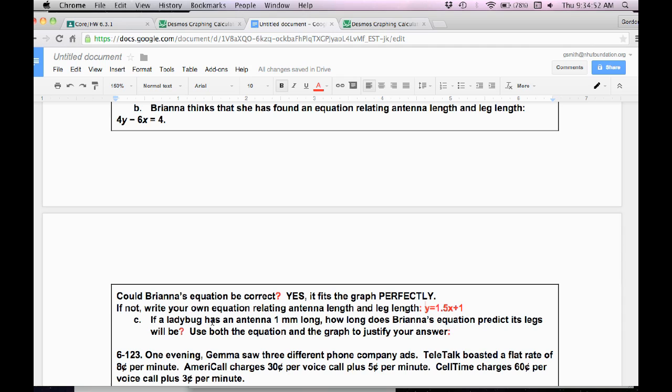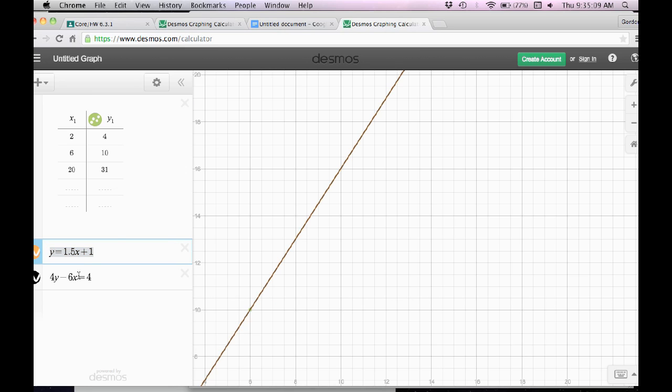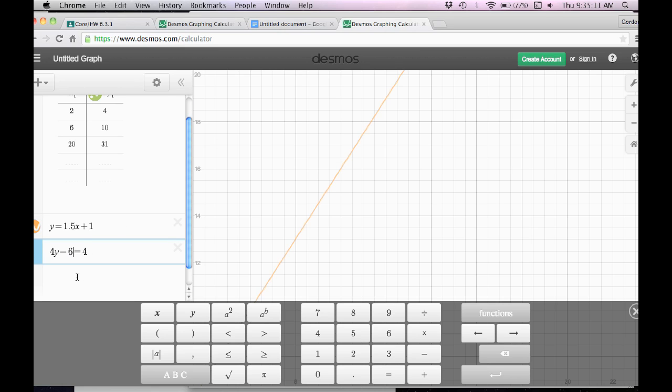All right. If a ladybug has an antenna 1 millimeter long, how long does Brianna's equation predict its legs will be? So what I'm going to do is take Brianna's equation and put 1 in for x. I'm literally going to just replace this with a 1, and it's 2.5.